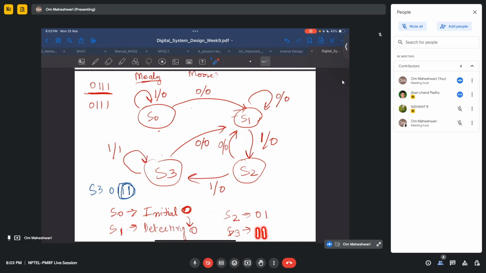1 1 0 क्यों डिटेक्ट होगा? 1 1 डिटेक्ट कर रहा हूँ ना मैं, तो दैट्स ओके. So last bit 1 करने, do you want me to make another state as 4?